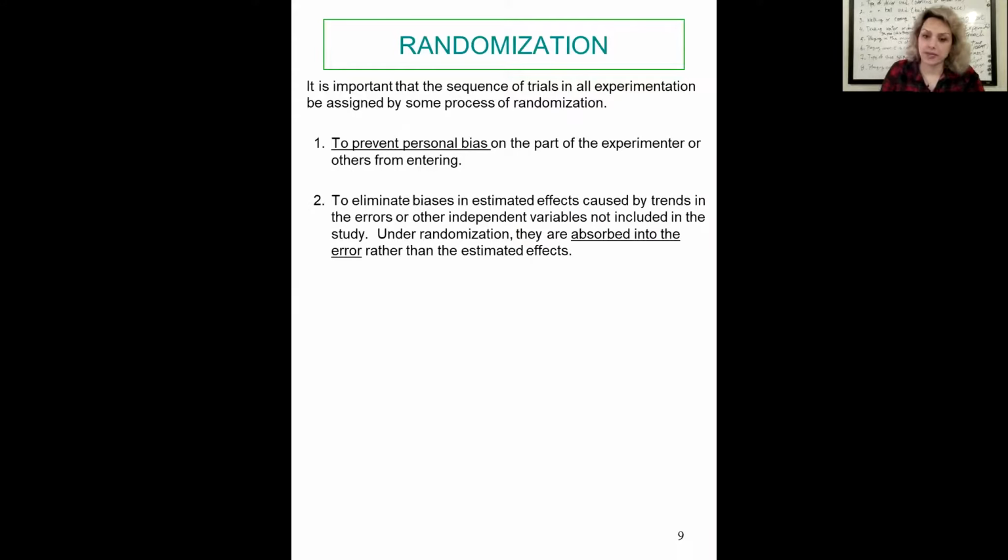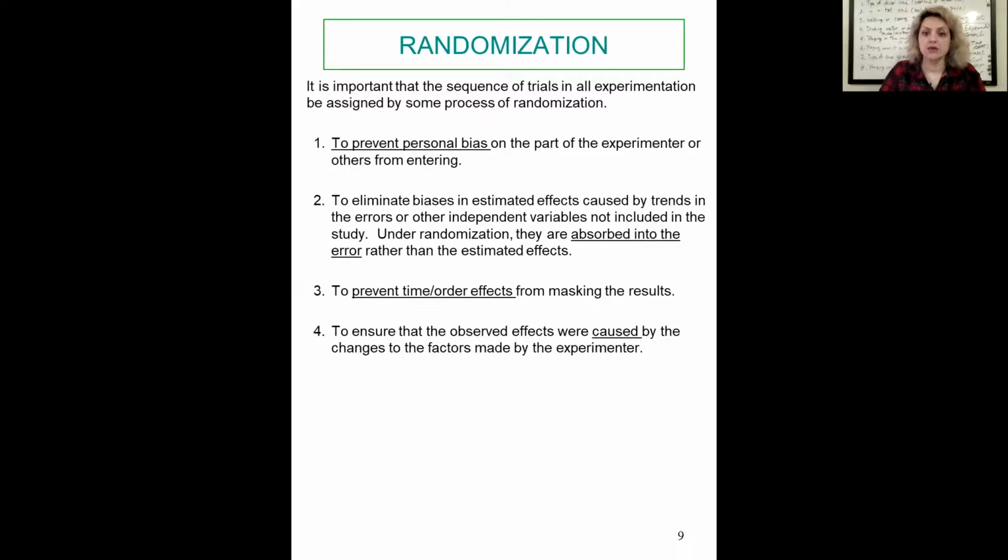It eliminates biases in estimated effects caused by trends, the error or other independent variables, and prevents time order effects from masking the results. It ensures that the observed effects were caused by the change to the factor made by the experimenter, and not, for example, by lurking variables.